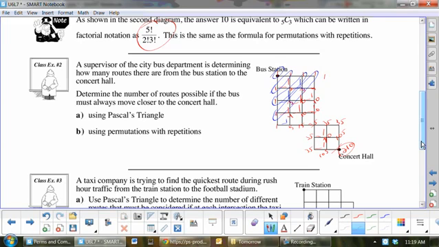Okay, now you could do this one by doing two separate boxes, because when you have two boxes that just attach to each other, you can use the factorial method. Now let's just do this box first. How would you do this one?